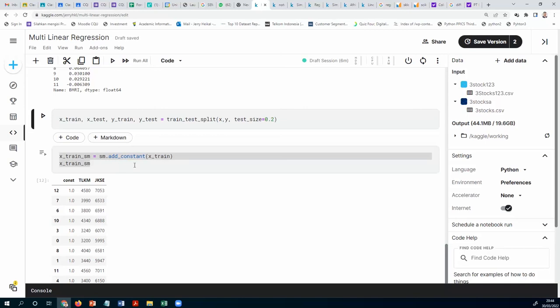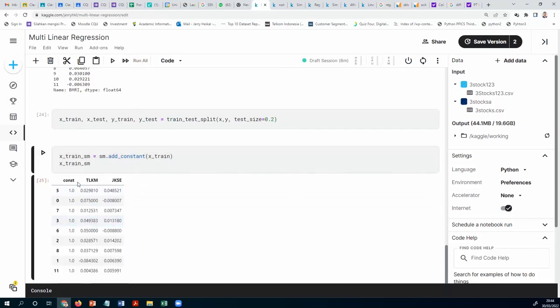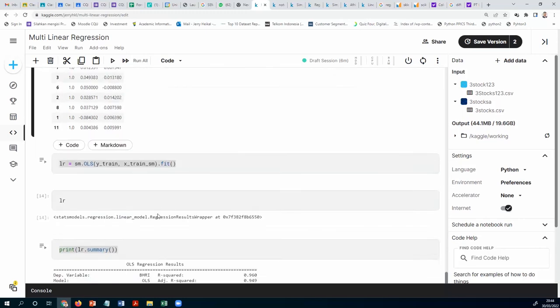So the data will be like this: constant, Telkomsel, and Jakarta Stock Exchange. Linear regression equals statsmodels dot OLS with the Y-train and X-train underscore SM with the constant. And let's fit it to the model.